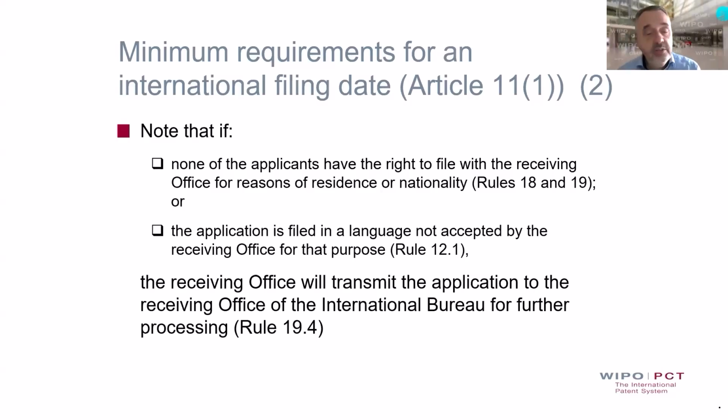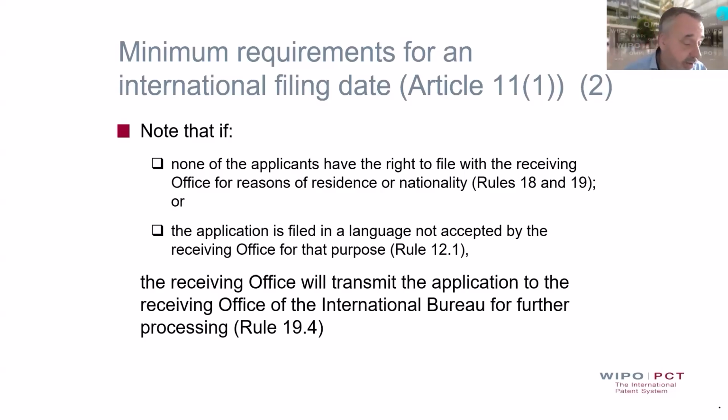But with Rule 19.4, the procedure now is that the receiving office that received the application needs to forward that application to the receiving office of the International Bureau. And the International Bureau can then accord an international filing date, and they will accord the date when the application was received, what we call with the non-competent receiving office.